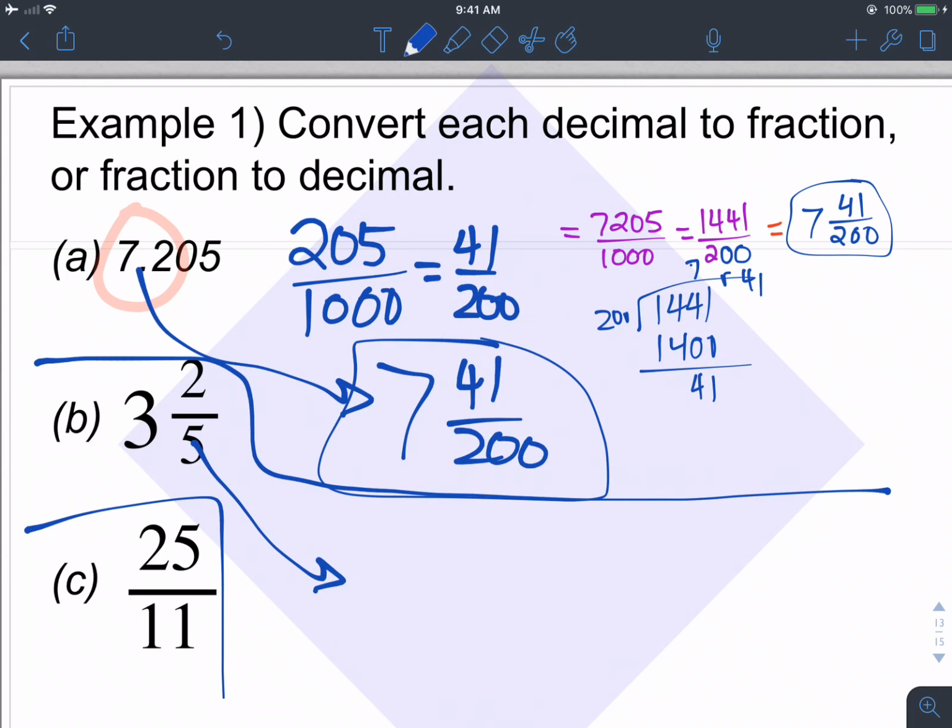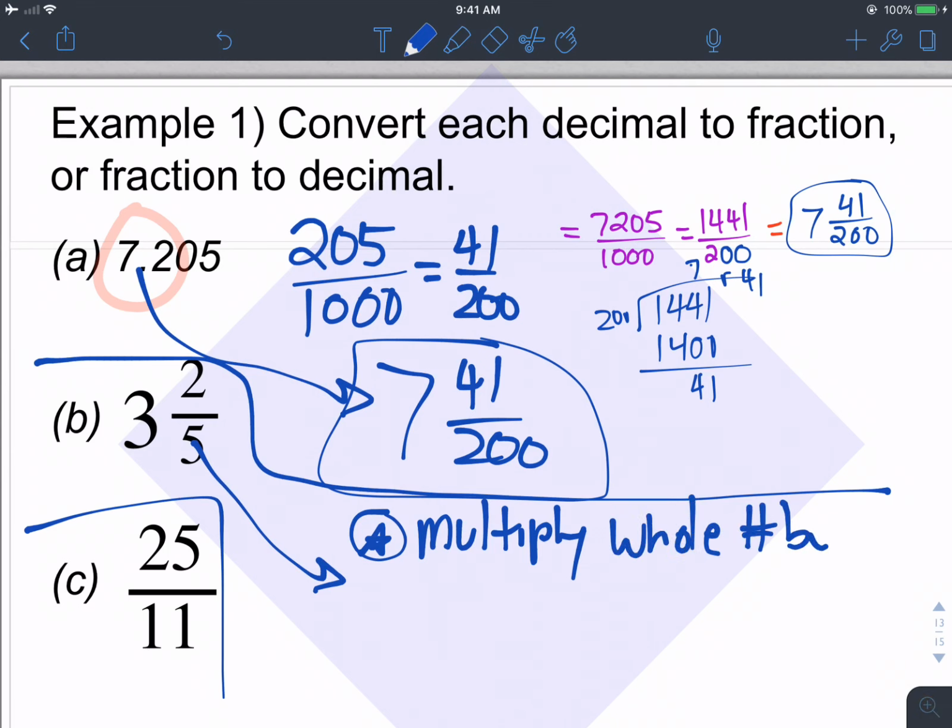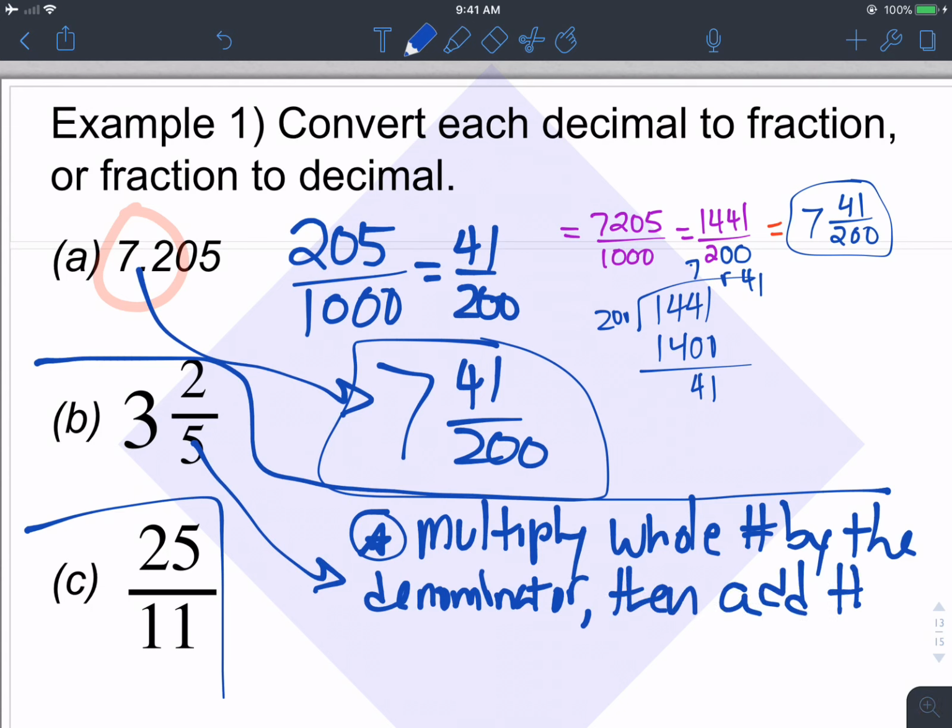Change 3 and 2/5 to a decimal. Did we go over this before? All right. Multiply the whole number by the denominator. Then add the numerator.